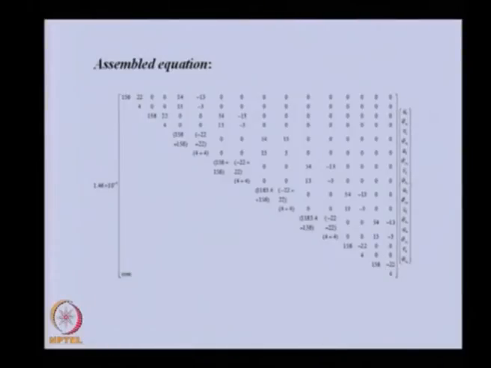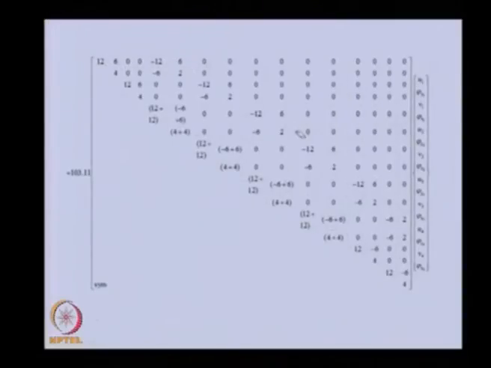This is the mass matrix. This is the stiffness matrix. Again, these are too small to see the values, but I am trying to explain the overall procedure. Now the size of this will be, because we have 4 nodes, and each node has 4 degrees of freedom, 16 by 16.